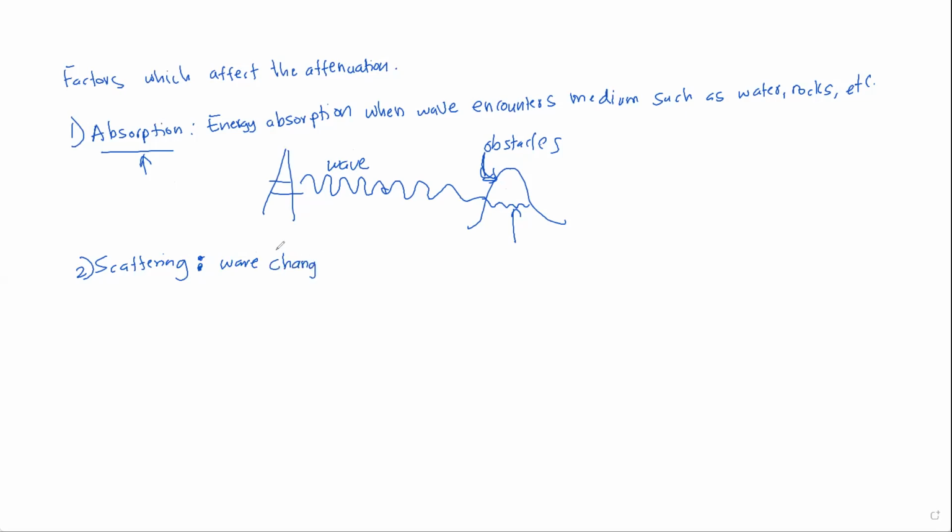after hitting these obstacles. The wave changes its direction and loses energy once it encounters obstacles.